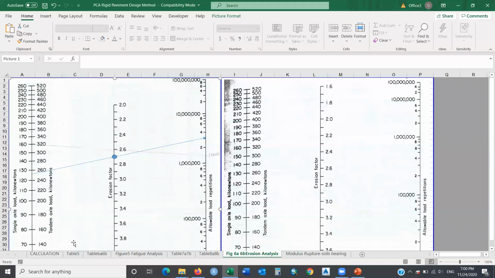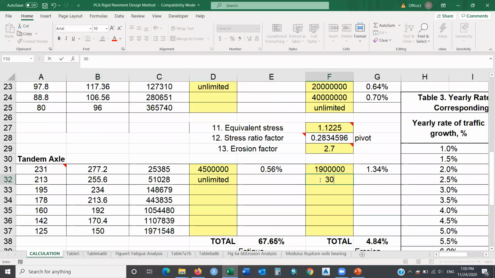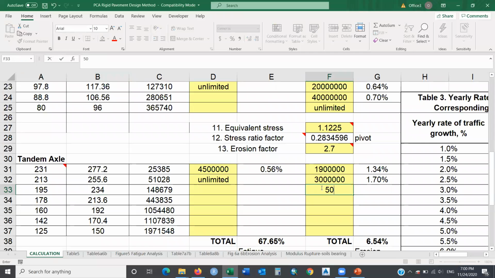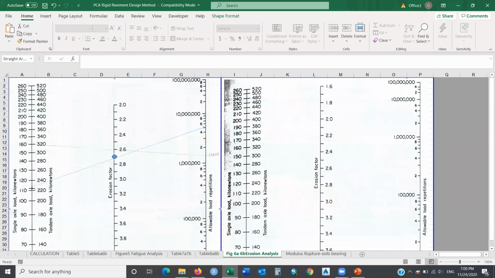Just a tiny more, maybe 3 million. $234. $5 million. $213. $10 million.